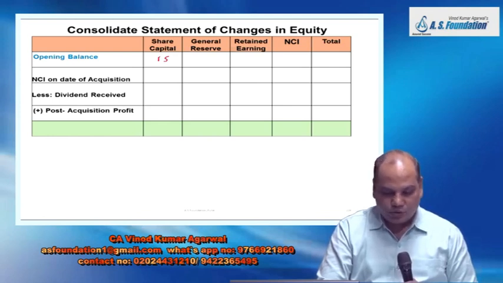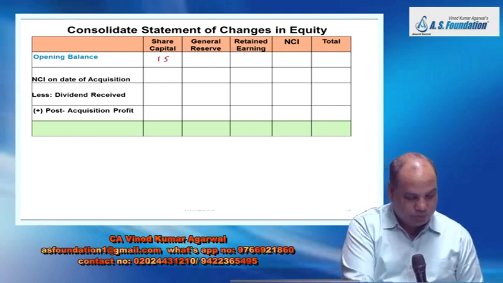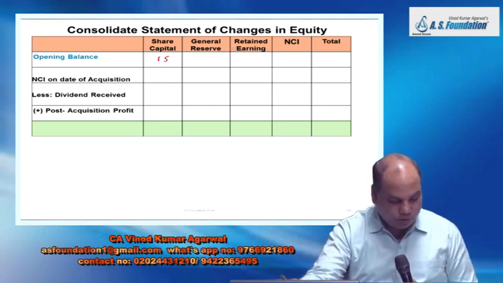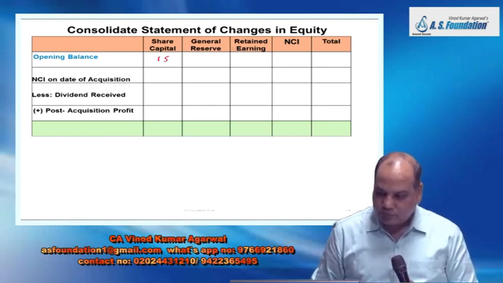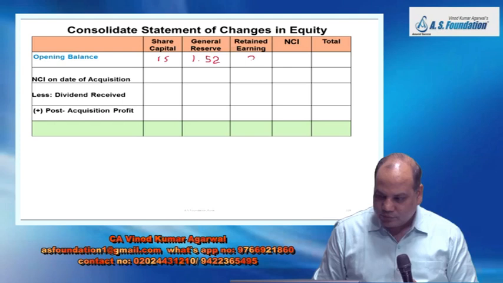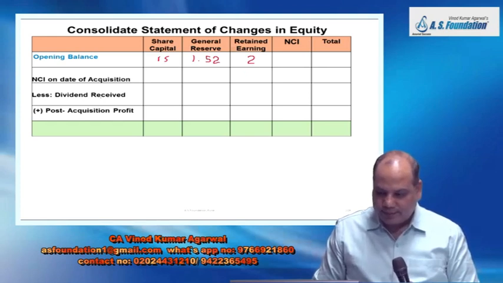SOCIE of P Limited below: retained earning opening balance is 2 and general reserve opening balance is 1.52. So right here, general reserve opening balance as per SOCIE given to you, and retained earning opening balance 2. Then post acquisition we will write later.